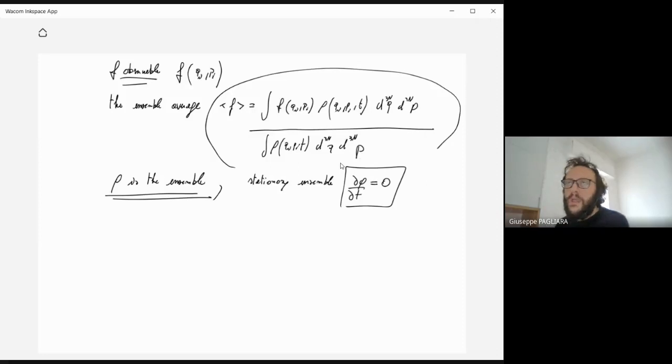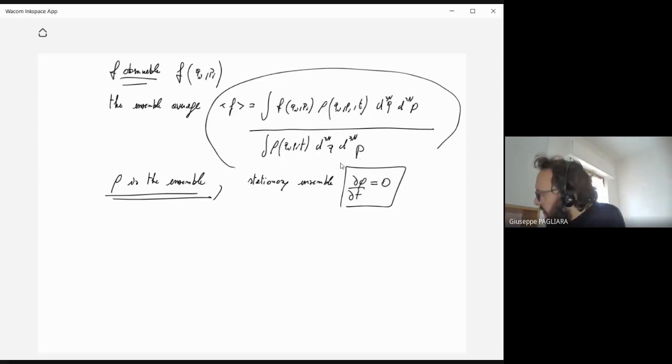In thermodynamical equilibrium, of course, there is some dynamics. The qi, the pi will change in time because there is a Hamiltonian dynamics. The distribution function depends on qi and pi, so there is an implicit dependence on time, but at thermodynamical equilibrium there cannot be an explicit dependence on time, so rho must be stationary. Okay, there's no direct time dependence, at least at thermodynamical equilibrium.